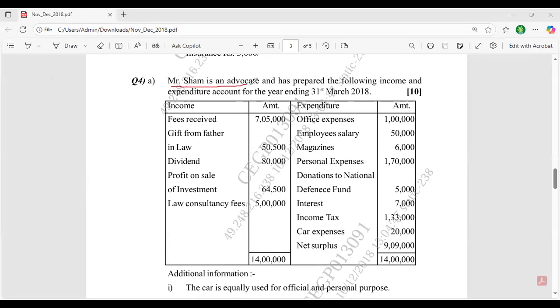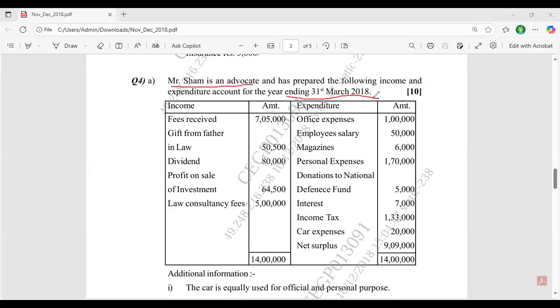Mr. Sham is an advocate. So he has a business of giving legal service to his clients. Following is his account on 31st March 2018. Now he is doing the business of advocate.